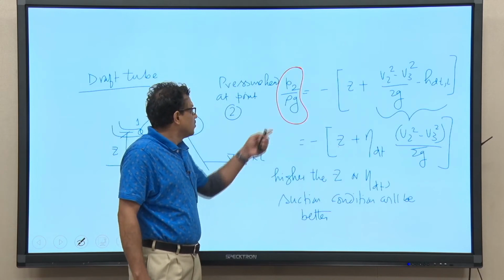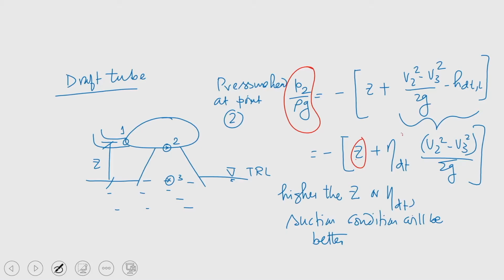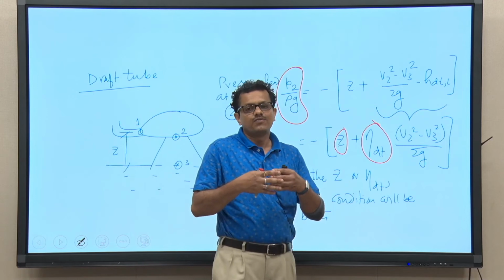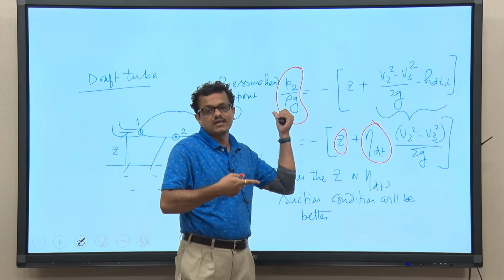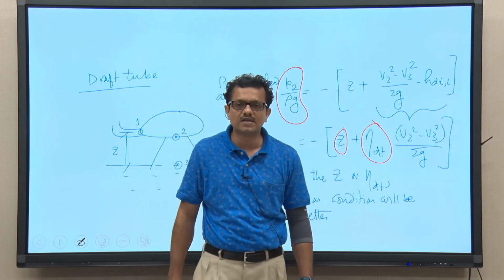So, the question is, we cannot increase P2 by rho g. If we increase either Z or eta dt, maybe efficiency will increase, but we are getting closer to that undesirable effect being initiated, that is cavitation. So, placing the draft tube and its suitable design is very important for the trouble free operation of the turbine unit.